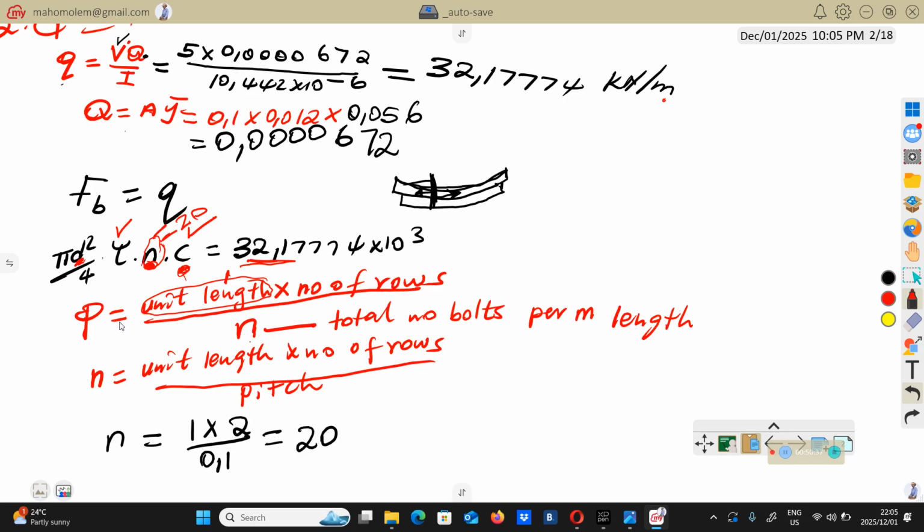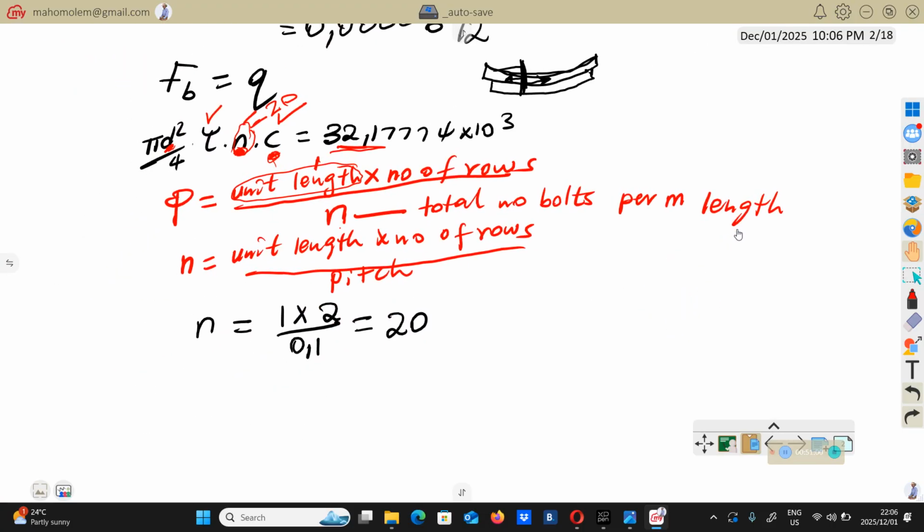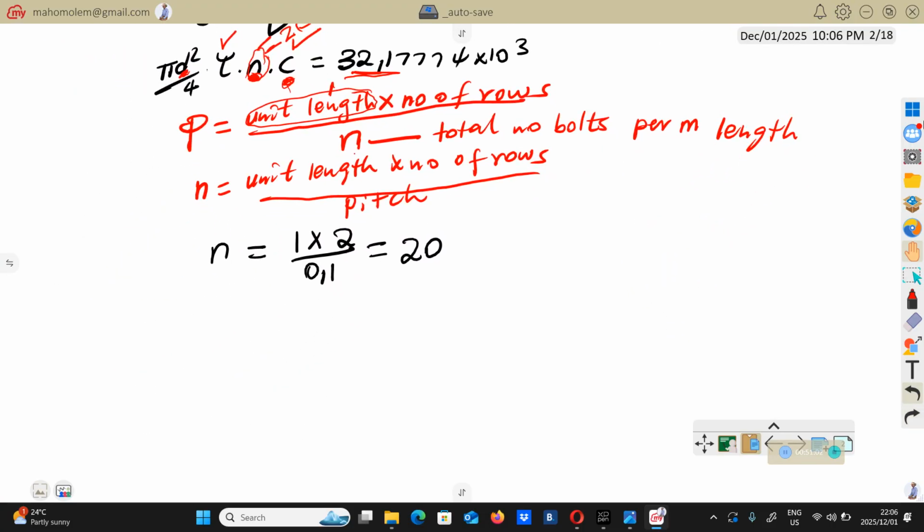Then you'll see the only remaining thing will be d. Then maybe let's make d the subject of the formula from this.